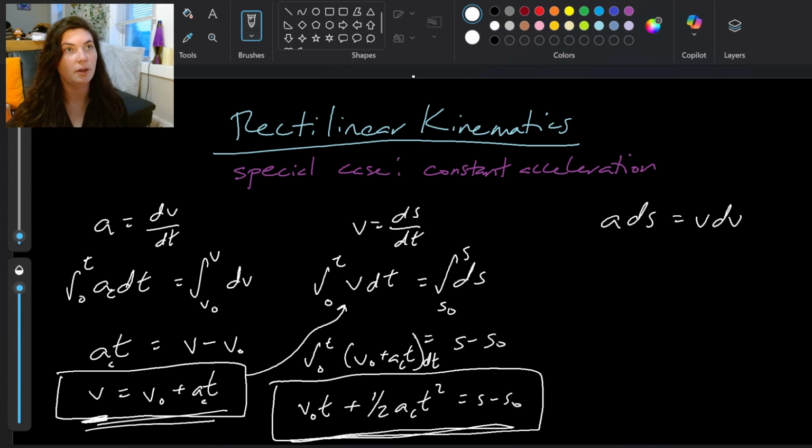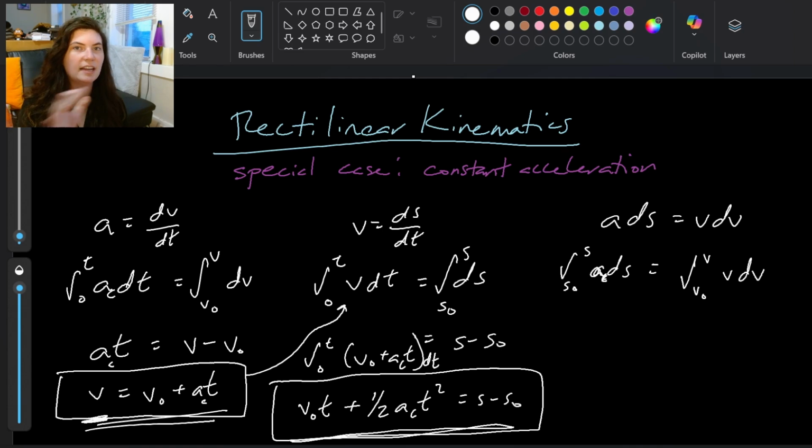And then finally, we can go ahead and look at our last kinematic equation on the end here. So when we integrate each side, the integral of a ds, where we're going from our initial position to our final position, s naught to s, of our acceleration, again constant acceleration, a_c ds, equals the integral from v naught to v of v dv.